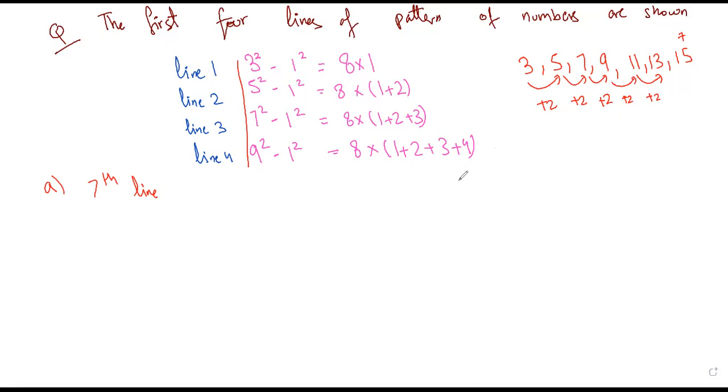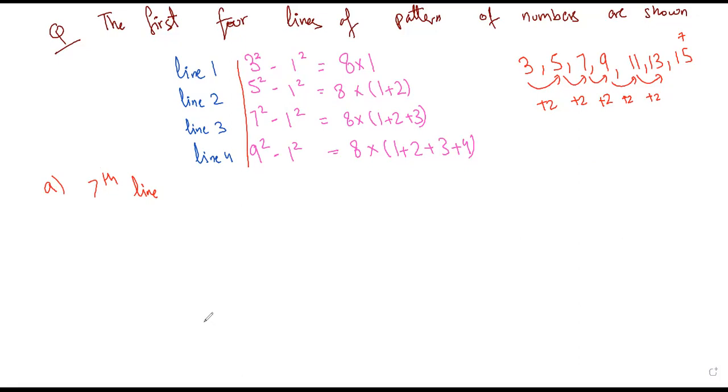Yes, very good. We could have done that way as well, but the only thing which we need to understand is that this time around, first we have been asked to find out the 7th line, and then it says write down an expression in terms of n, right? So that's completely fine. You can do B part and then you can do A part, right? So yeah, that is also easy. But since this was just the 7th line, I was like, this would take less time than putting the general formula and doing it that way, okay?